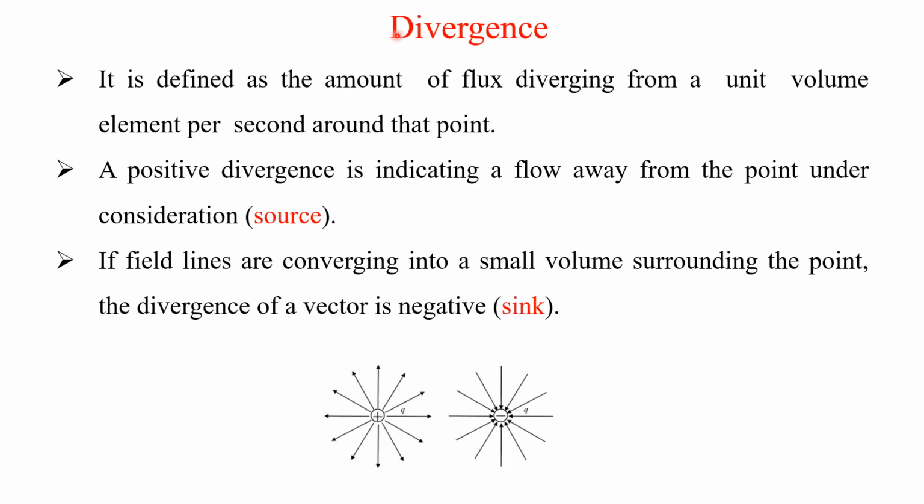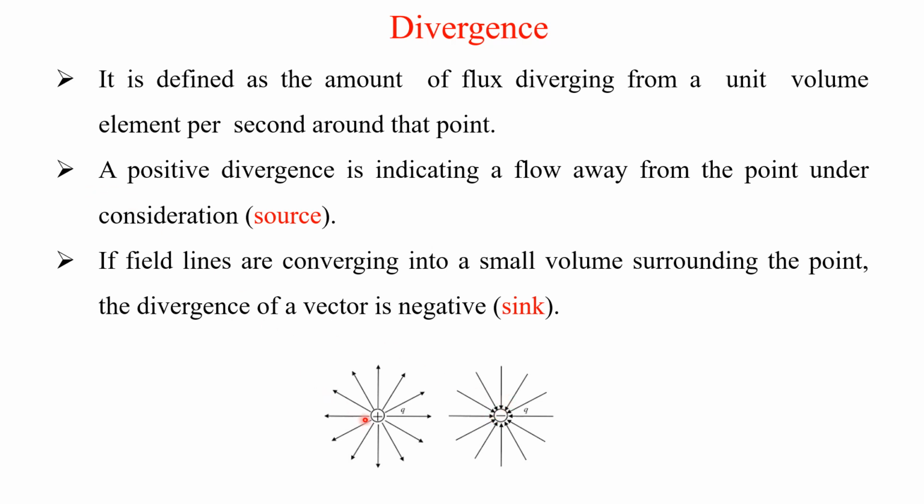We will see about the divergence. It is defined as the amount of flux diverging from a unit volume element per second around that point. For example, if you take a positive charge, then the field will be directed outward. So it will diverge from that point. If it is a negative charge, the field lines come inside the negative charge.